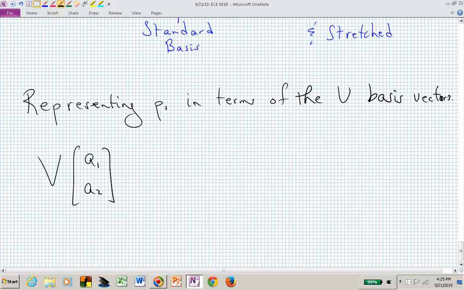We want to weight those by A1 and A2. A1 will weight V1, A2 will weight lowercase v sub 2. If we write that out, we have 1, 0, and 0, 1, with this being V1 and this being V sub 2. We are now trying to find coefficients A sub 1 and A sub 2 that will weight those two basis vectors.